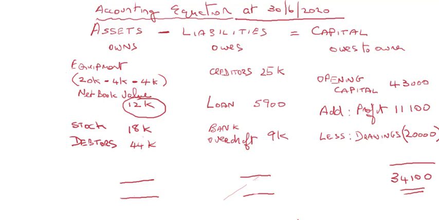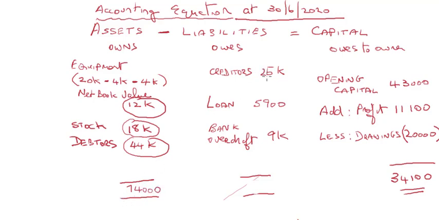So what did they add up to? Well, we've got 12,000, which is the equipment. The stock is 18, and the debtors are 44. If we add those three together, I think we get 74,000, if I'm not mistaken. I'll put in the full number, 74,000.